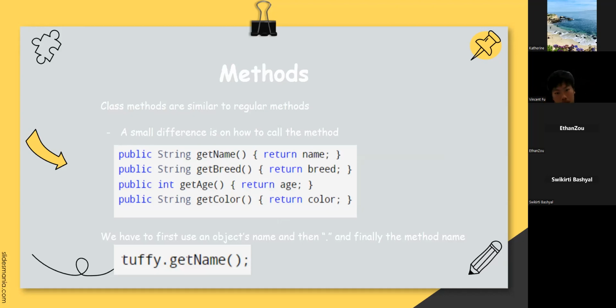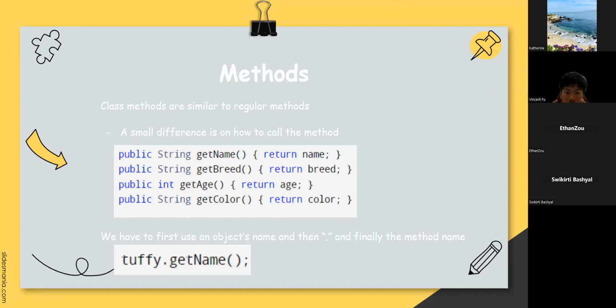But okay, so the one difference in calling these type of methods is that before all we had to do is type the name of the method plus two parentheses, right? Now we have to type the name of the object plus a period plus the name of the method and parentheses. So in the bottom picture, you can see that we have Tuffy dot get name.